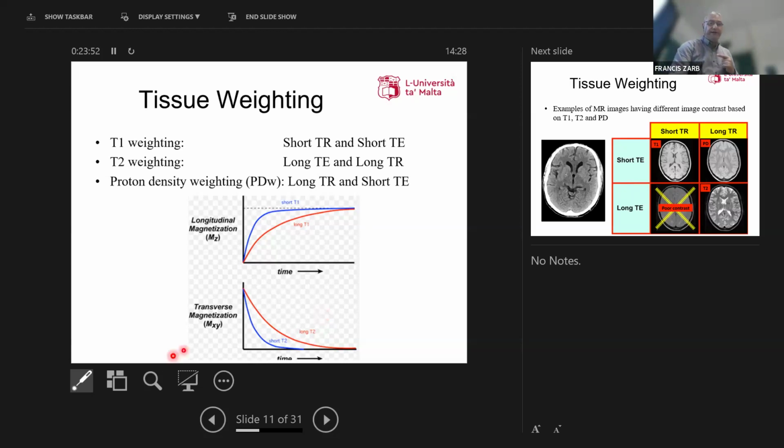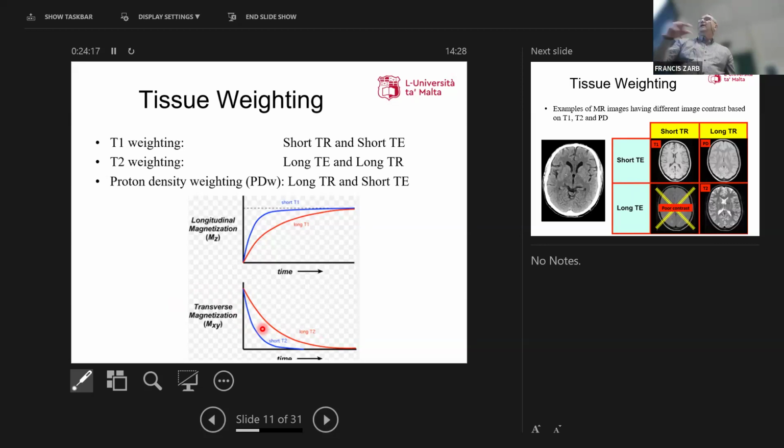Both of them would have the same signal intensity, but a relatively long TE, but not too long. So with a long TE and a long TR, I would be shifting my contrast towards T2 and not T1.